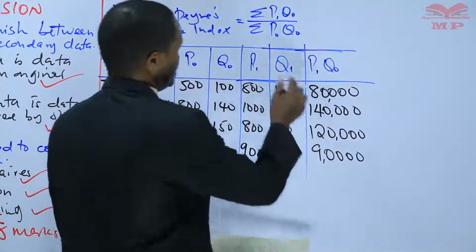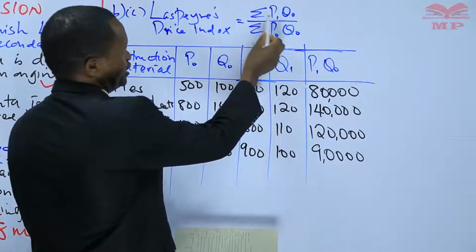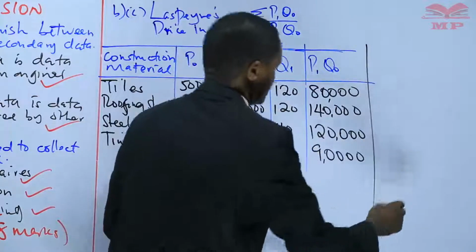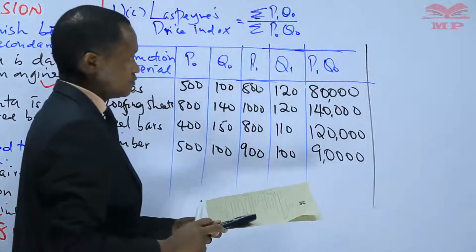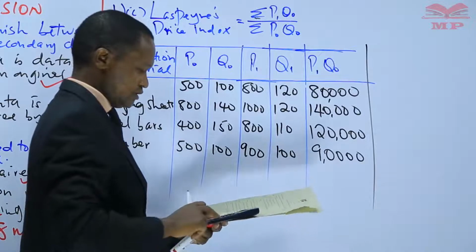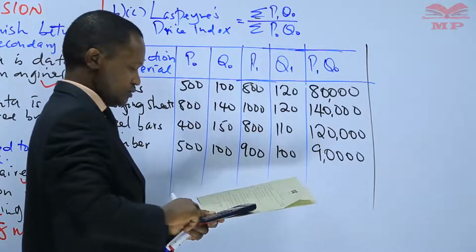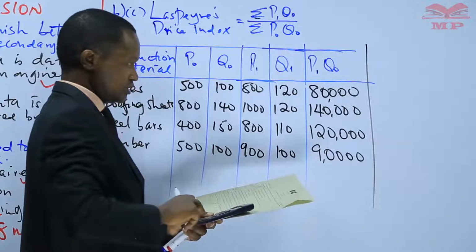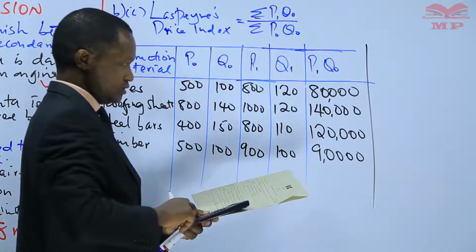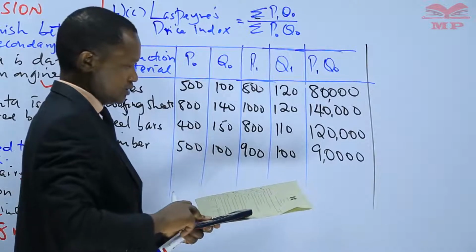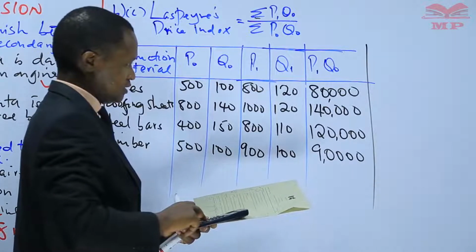Then I get this total summation. We sum these figures. I'll have 80 plus 140 plus 120 plus 90.